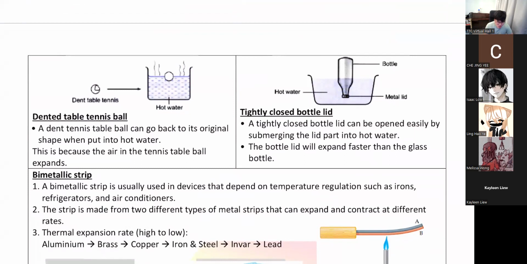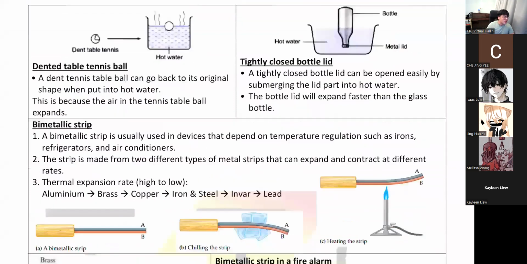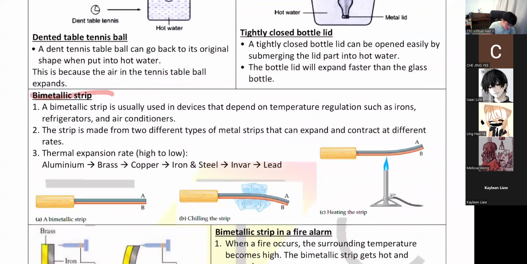Guys, don't just use brute force. Just put it in hot water and you can open it easily. Use some scientific knowledge. So next, guys, pay attention here. Bimetallic strip. They love asking this in exam. What is this? Basically, when you have two metals and you stick them together, you get a bimetallic strip.